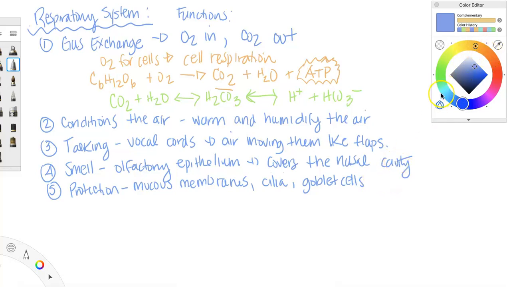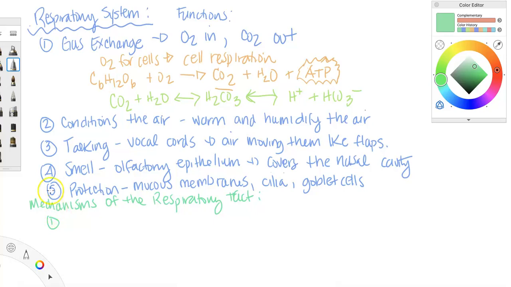All right, so the mechanisms of the respiratory tract are what we're going to be talking about in this chapter. We're going to spend a good amount of time talking about these few things.